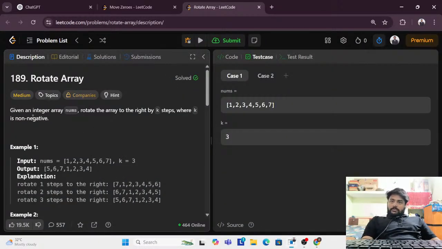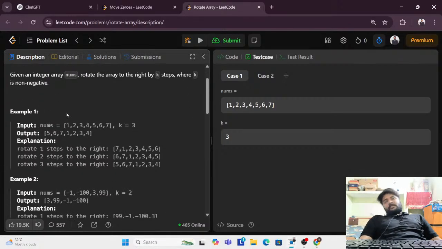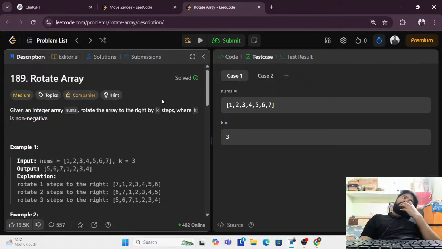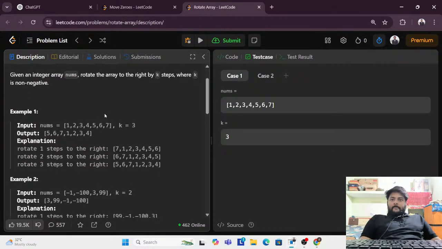So the question again says, given an integer array nums, rotate the array to the right by k steps, where k is non-negative. It means k will always be positive. We are given an array here.